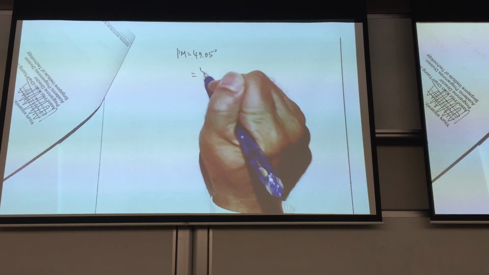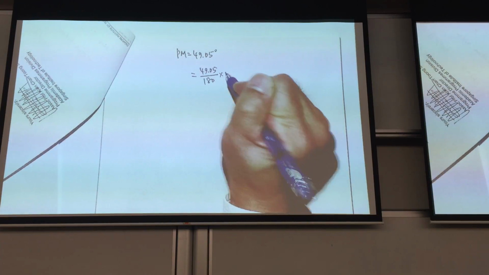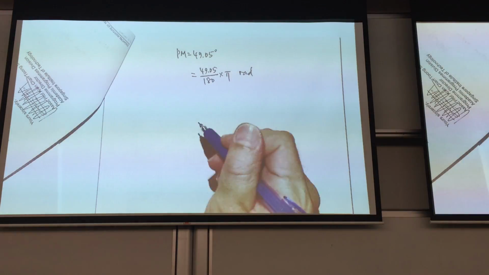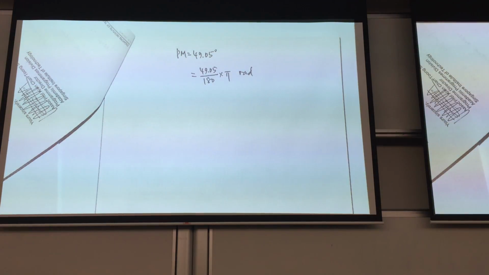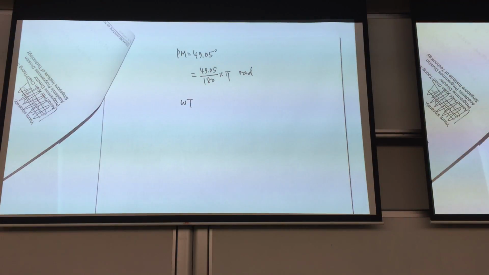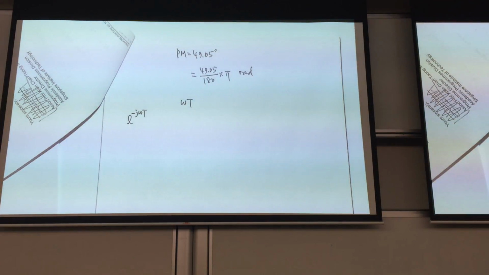So this is equal to 49.05 divided by 180 times pi radian. In the way we know that last time when we worked out the first part of it, we have omega T. You remember, right? Because you have e to the power of minus j omega T. So delay in your Laplace transform.